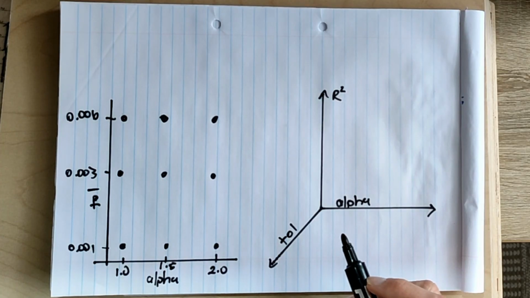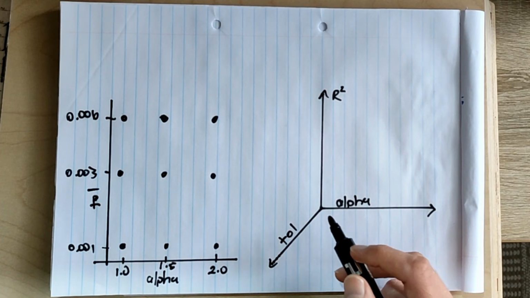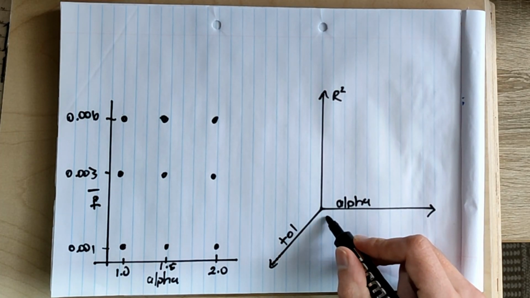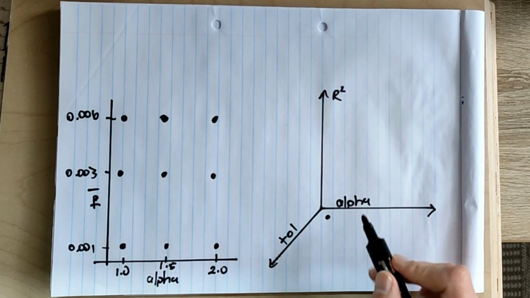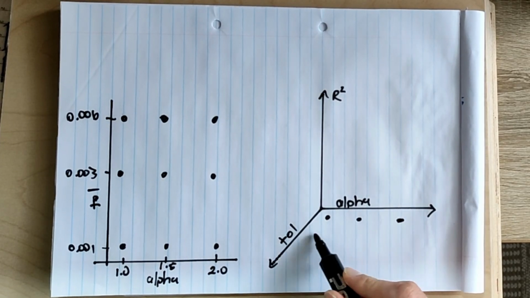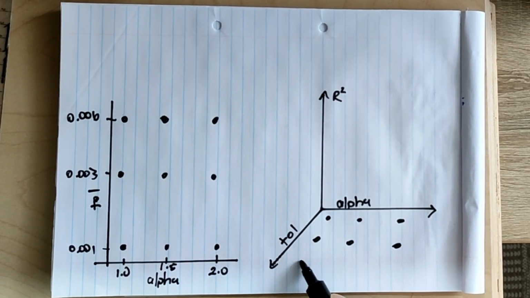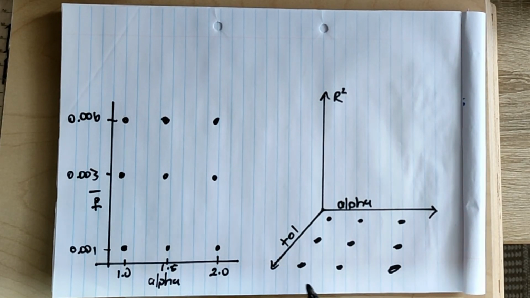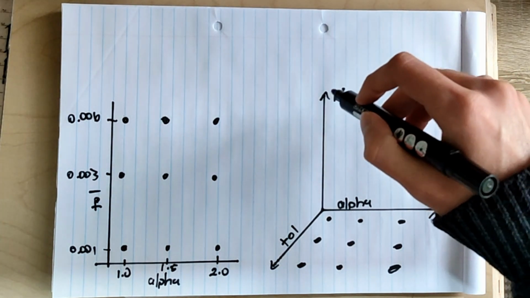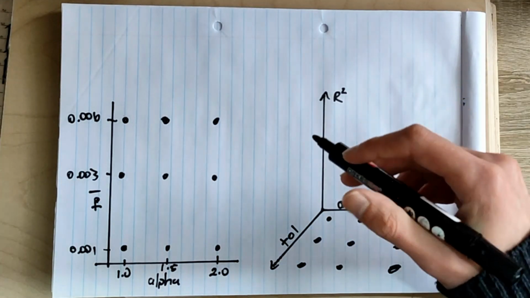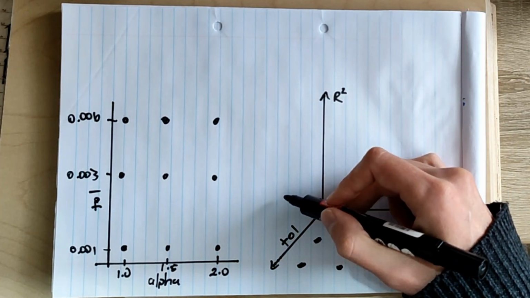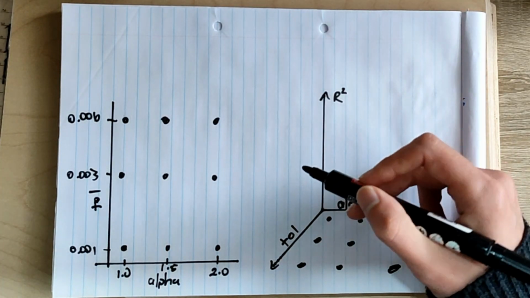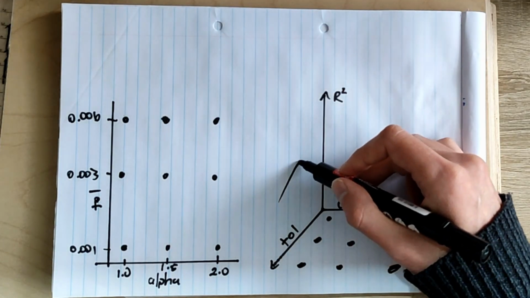Now, what I have on the side here is a 3D plot, and this is going to be tricky because my 3D drawing skills are not great, but that's okay. So our grid is basically on the ground over here. So here are our 9 different combinations of alpha and tolerance. And up here is our R squared, and we're looking for a maxima. So perhaps our R squared plot actually looks like this in real life.